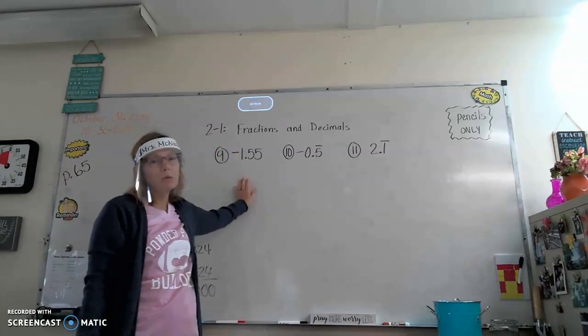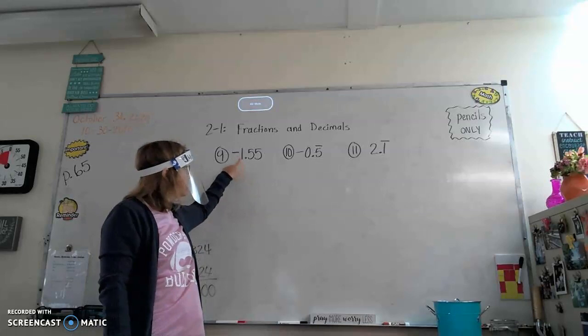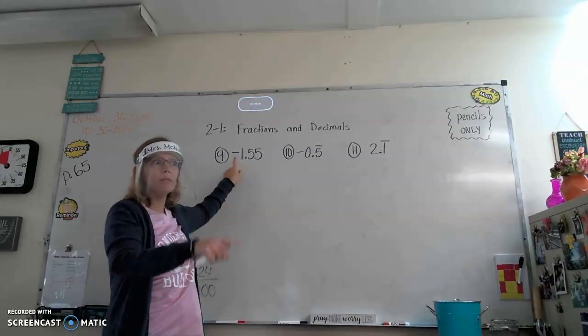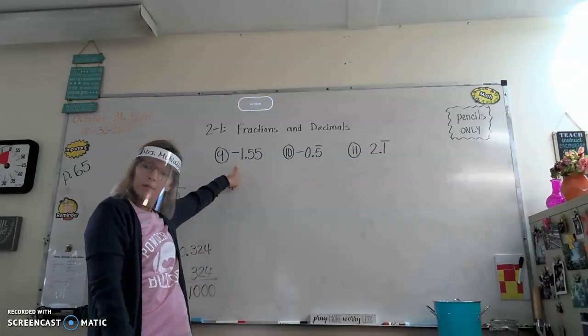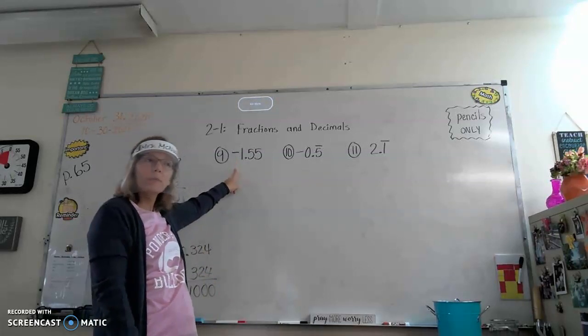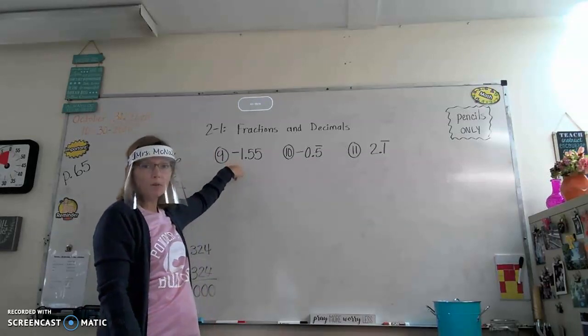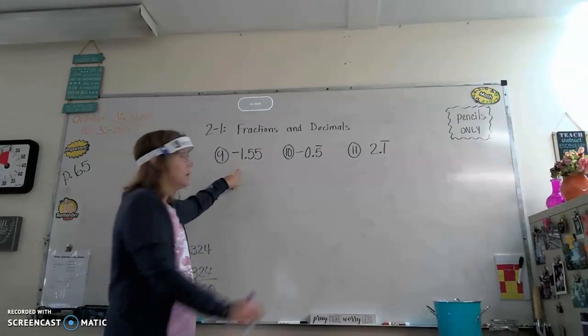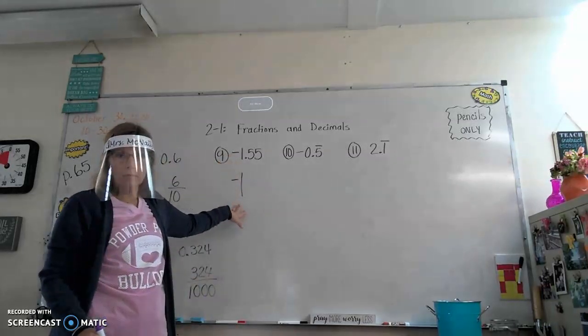But this one's also a little bit different because what does it have? It does have 2, but what else? It's negative. So it has a negative, and what else does it have? It has a whole number in front of the decimal. Remember we talked about that? So that one, I'm just writing down.